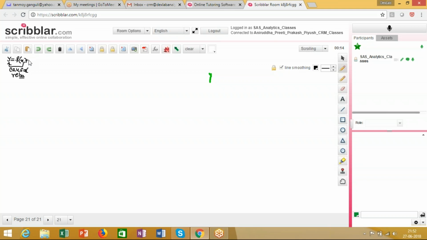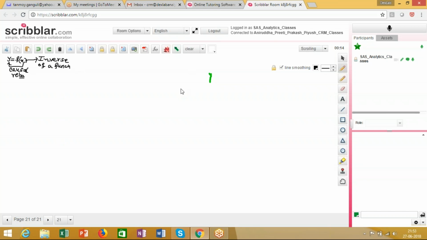Now a very important related concept in function is the inverse of a function. So what is the concept of the inverse of a function?